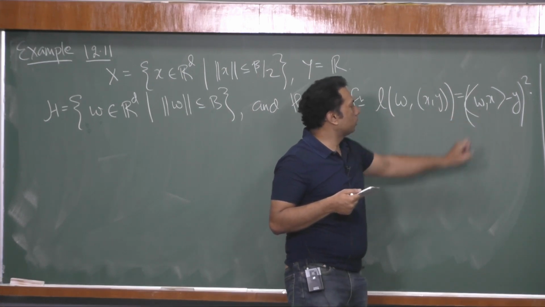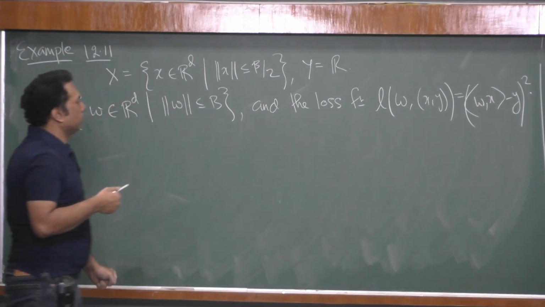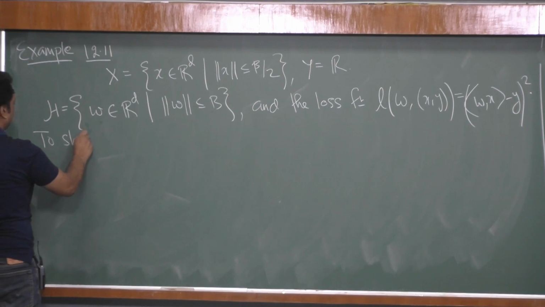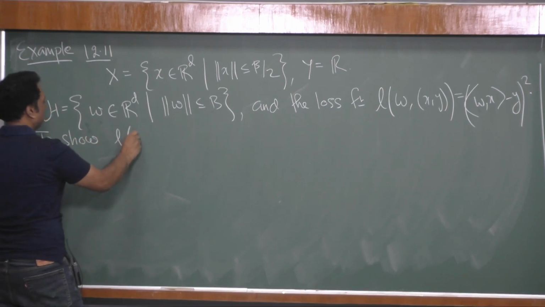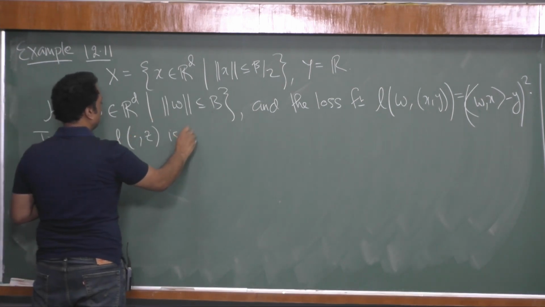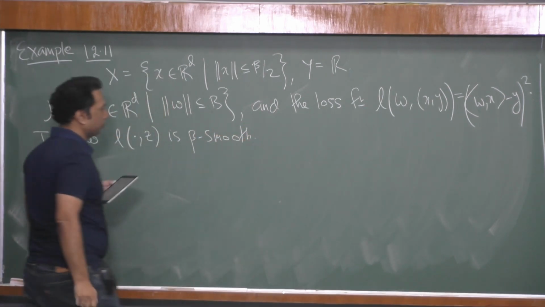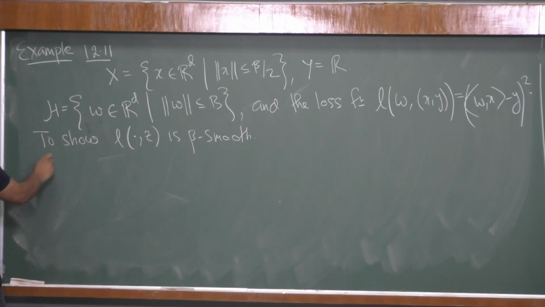So you can do a second order convexity check here. So this is convex, and then it's non-negative. So the only thing you have to show is that it's beta smooth. To show L is beta smooth, I leave this as an exercise because I did the first example. This should be again a couple of lines.